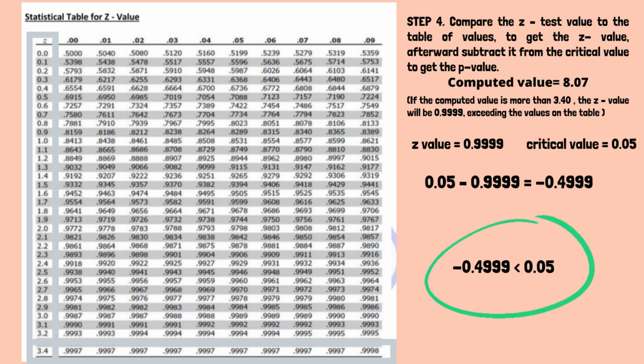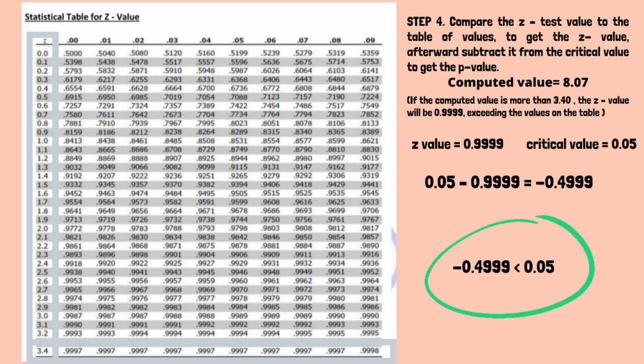So kapag ganon, kapag 3.40 pataas, ang magiging z value natin ay 0.9999. Okay? Uulitin ko, since our computed value is 8.07 and wala na siya sa table, lagpas na siya sa 3.40, automatically, ang magiging z-value natin is 0.9999.